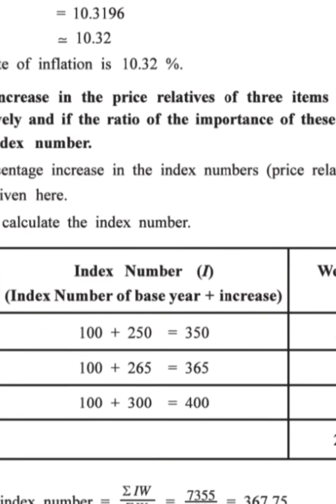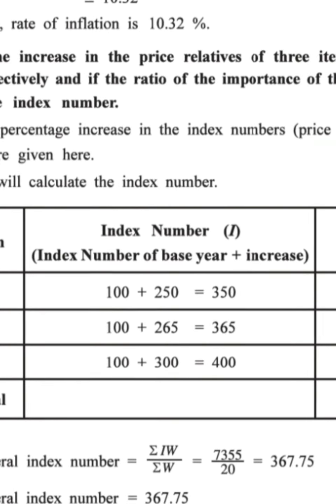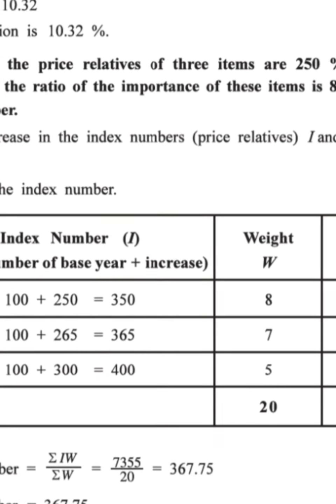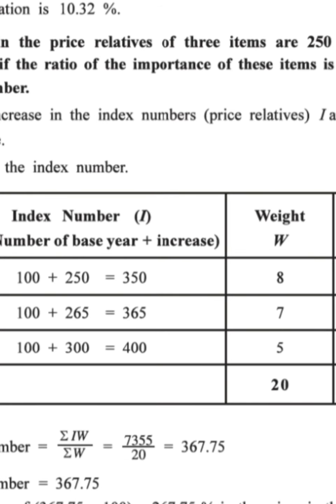So we are going to add them. For item A, it's 100 plus 250 is equal to 350. For B, it is 100 plus 265, that is 365. For C, it is 100 plus 300, that is 400. That is our I. Now weights, they've given us in ratio, this 8:7:5. Again, the total of the weights over here is 20.